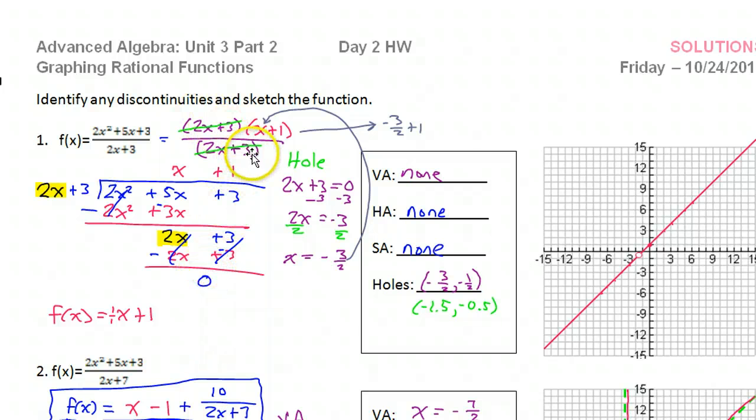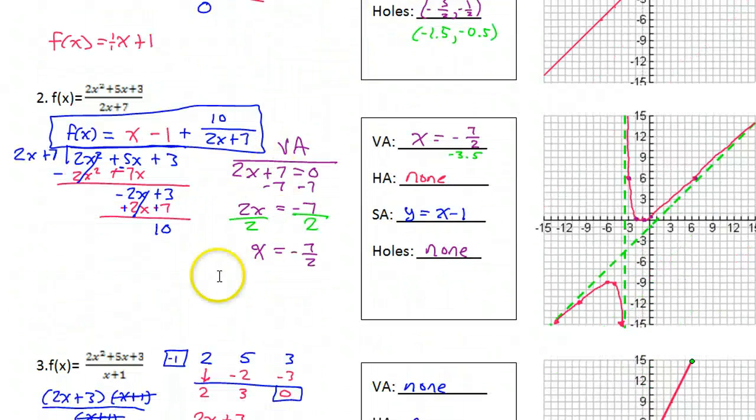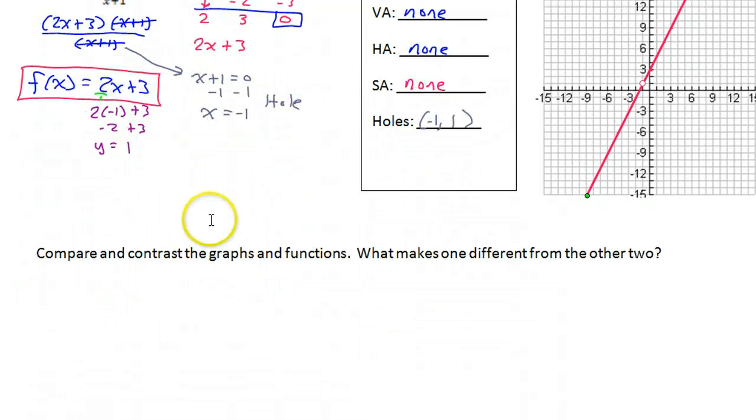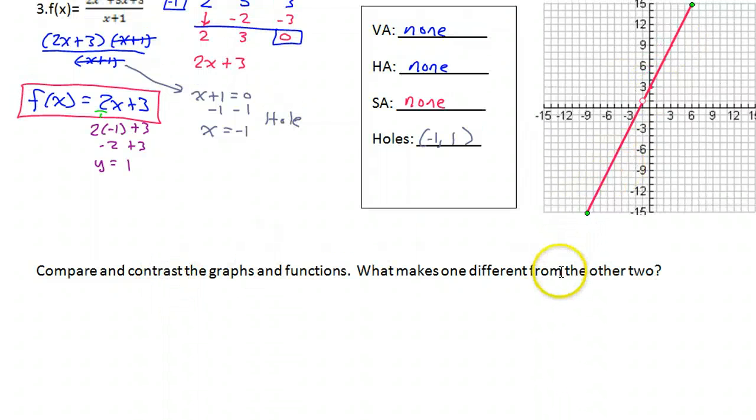Another way to think about it is the denominator canceled out a factor of the numerator. Either way you want to look at it, that's what happened in number 1 and number 3. No remainder. Denominator canceled out. Anytime that happens, you're just going to have a linear function with a hole in it.